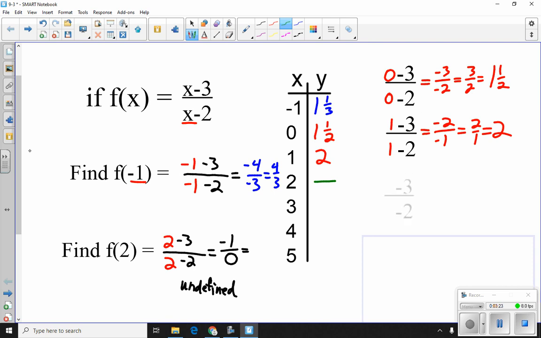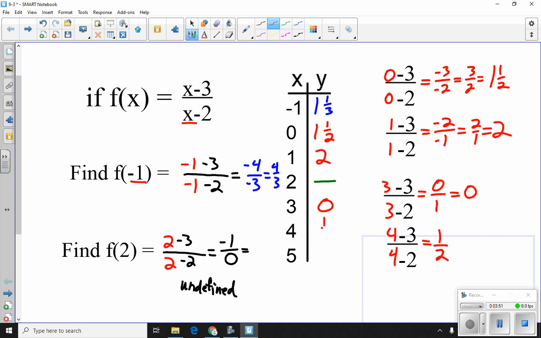Then I can plug in my 3 and just keep on moving. Now, 3 minus 3 is a 0 over 3 minus 2 is a 1. 0 divided by anything still equals 0. That is a point over 3, up and down 0. And we just keep on rolling with this. So plug in a 4: 4 minus 3 equals 1 over 4 minus 2 is 2.